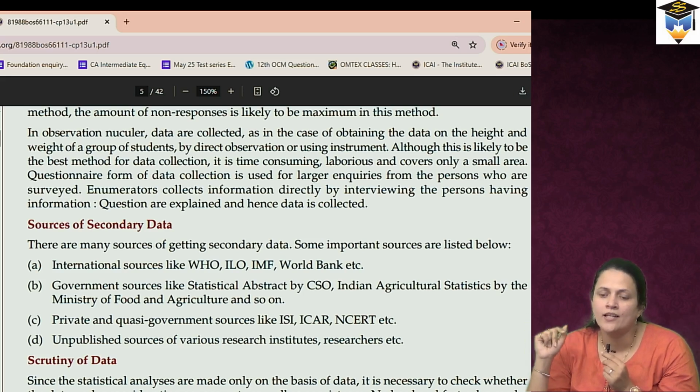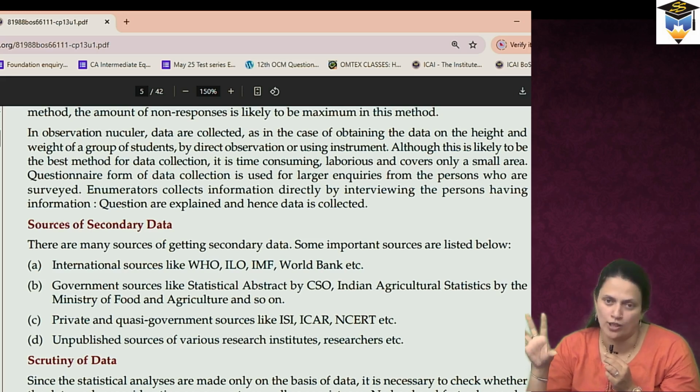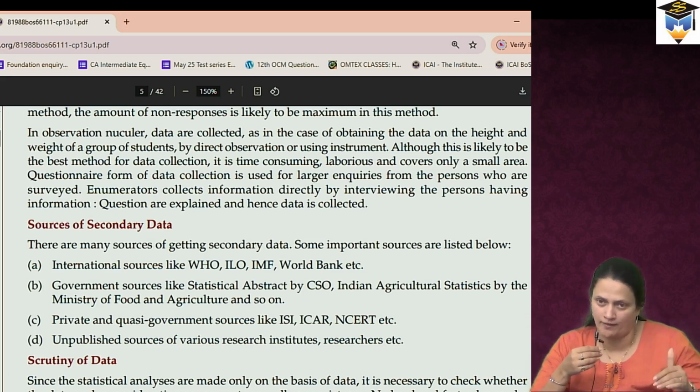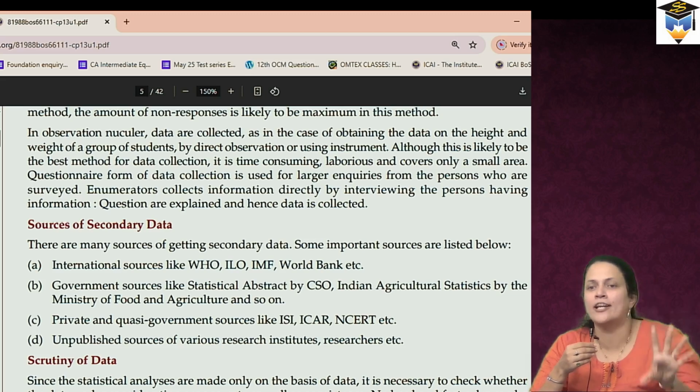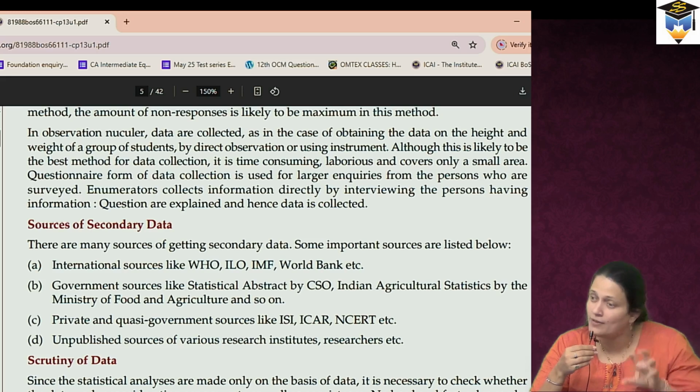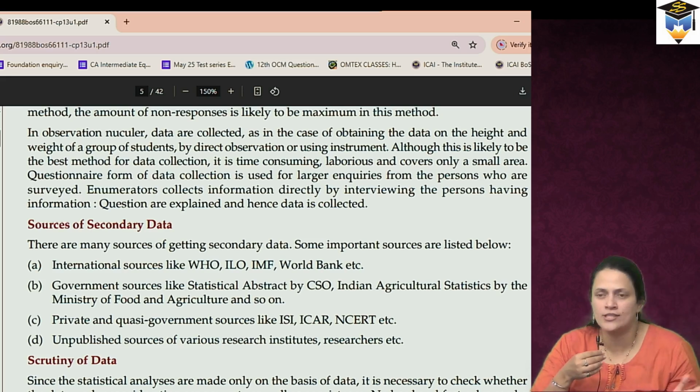Second, government sources like Statistical Abstract by CSO, Indian Agricultural Statistics by the Ministry of Food and Agriculture, and so on. So every department will have secondary data which will be formed based on primary data given by the citizens. Let's say, for example, the Aadhaar card.